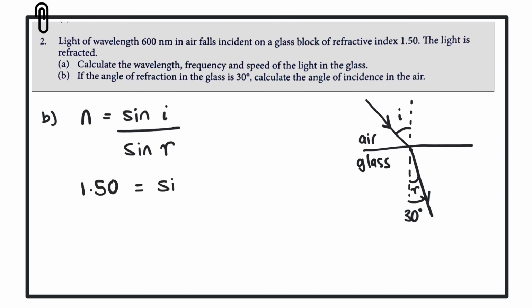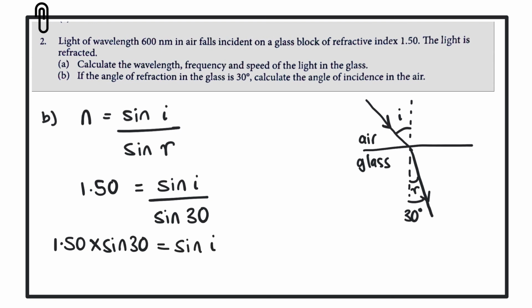That is equal to sine I divided by sine R, which is 30. So we have the sine of 30. If we rearrange that, I'm going to bring the sine 30 over to the left hand side. We have 1.50 multiplied by sine 30 is equal to sine I. Now to work out I, we're going to take the inverse sine of this expression here on the left hand side.